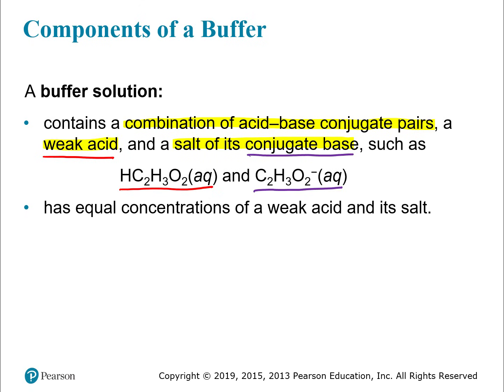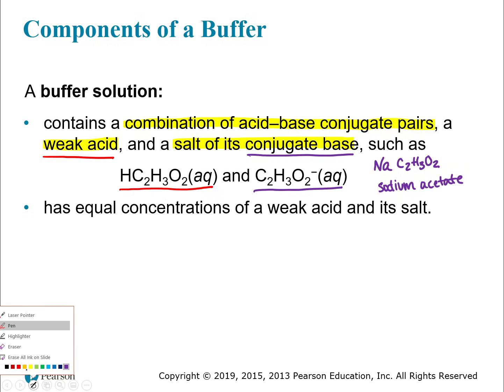In a buffered solution, you'll likely have equal concentrations of a weak acid and its salt. An example of the salt of a conjugate base would be, let's say, sodium acetate. Salt is just a fancy word for saying an ionic compound.